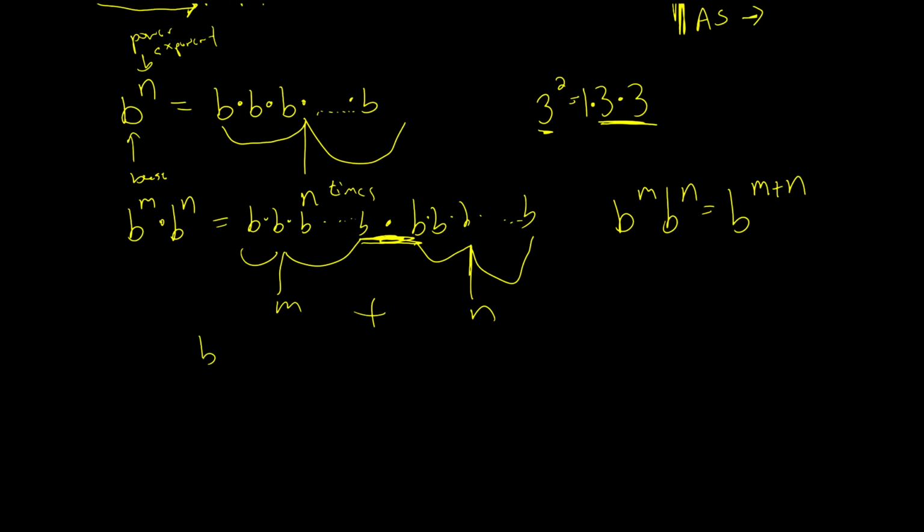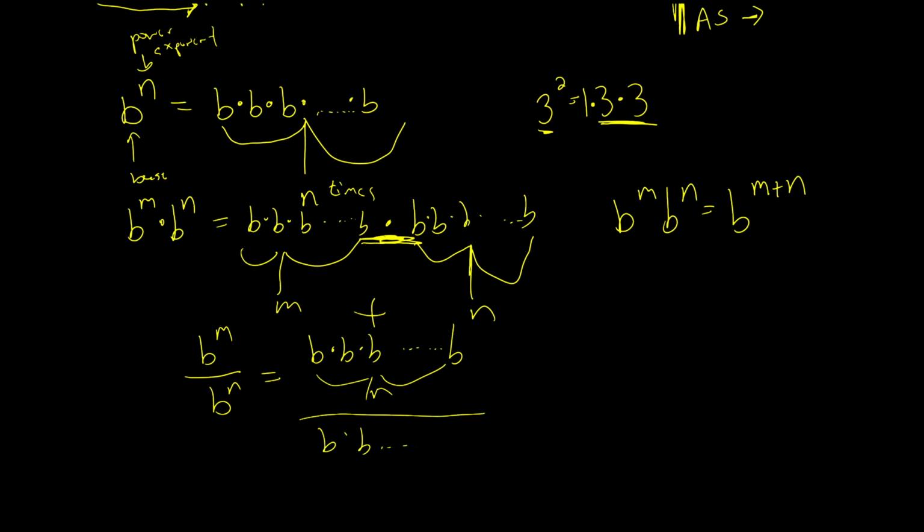Well, if I have b to the m divided by b to the n, then I'm going to write this out: b m times, divided by b n times. Well, each one of these will cancel. And so I'm left with this one minus however many cancel here.